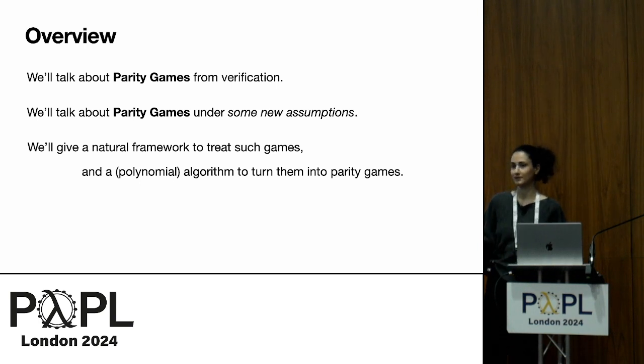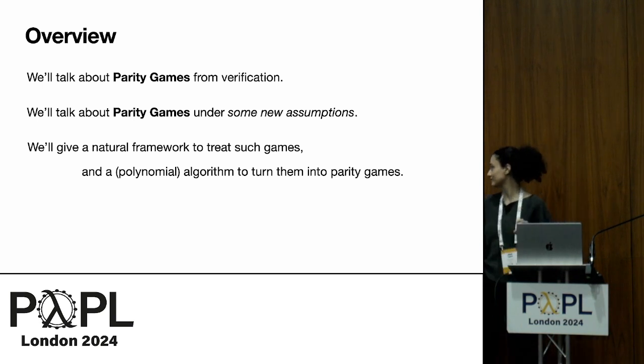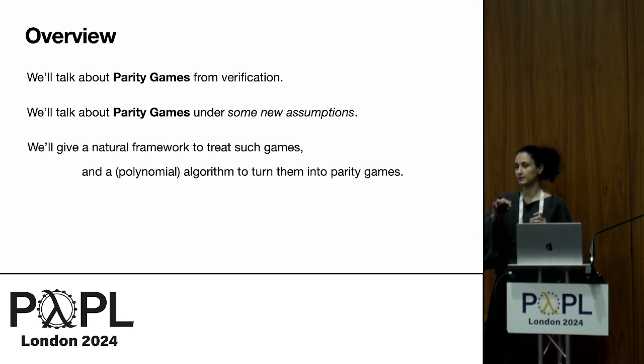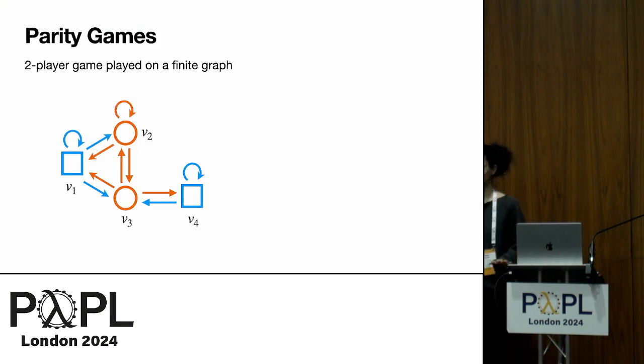We will tackle some problems there, and we will try to solve them by giving what we call a natural framework to treat such games. We will give an algorithm to turn these games into normal parity games with only a polynomial size increase, which means that we will give an efficient way to solve these games, because parity games can be solved rather efficiently. So, yes. Then let's start with parity games.